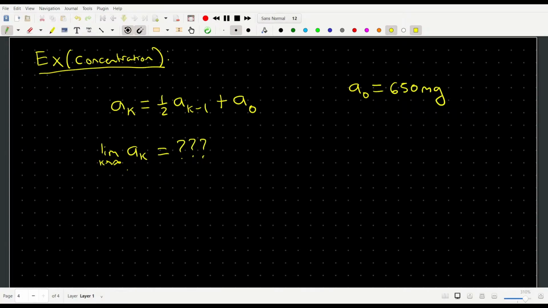What is this equal to, if it even exists? So for this sequence, this is our function g of a_{k-1}. The function g of x, the recursive definition of the sequence, is 1/2 x plus a_0.